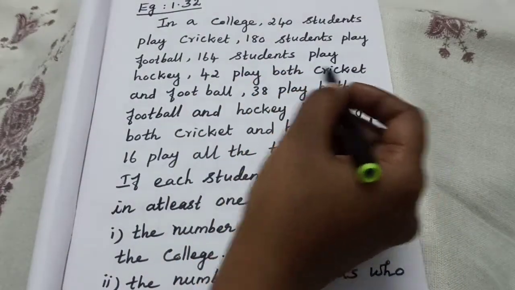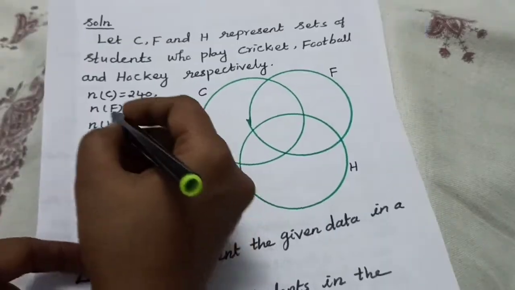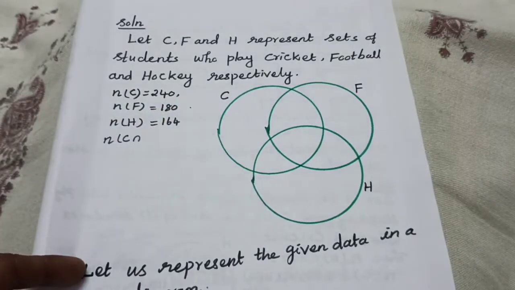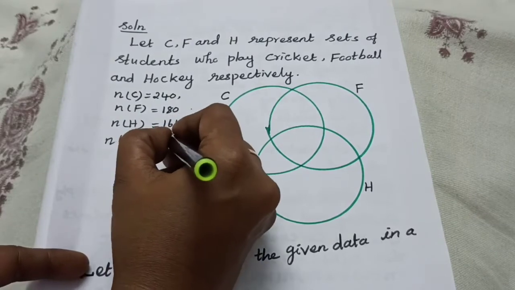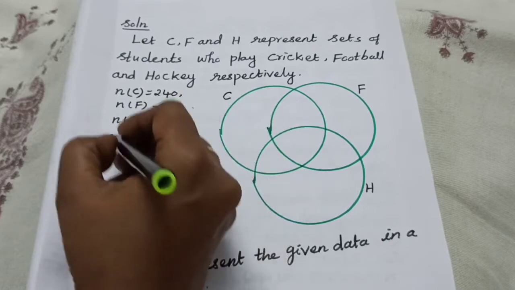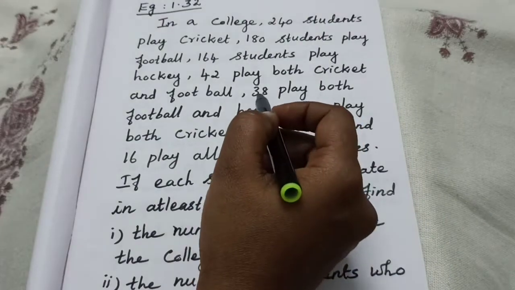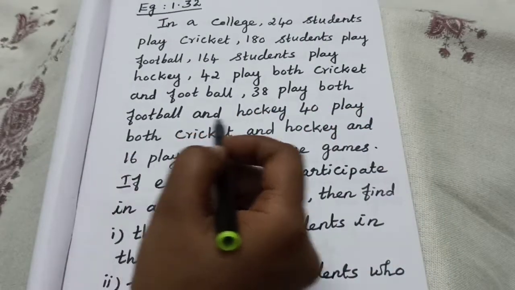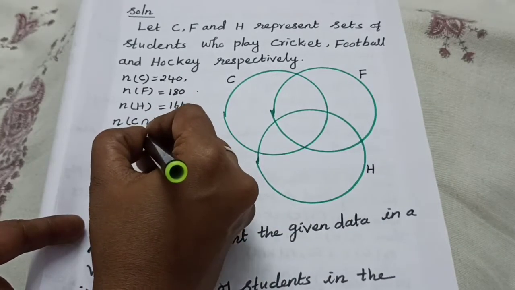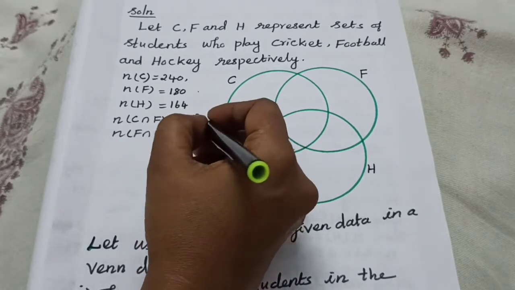Then afterwards, what is given? 42 play both cricket and football. Then N of C intersection F is equal to 42, isn't it? Next, N of F intersection H: 38 play both football and hockey, so F intersection H is equal to 38.